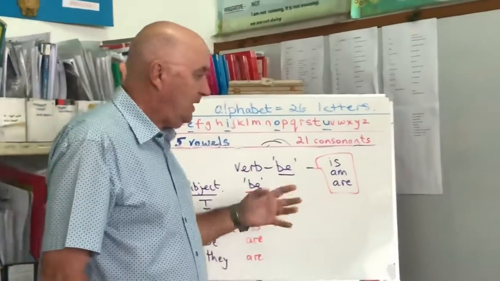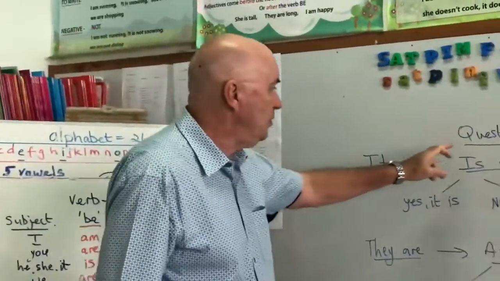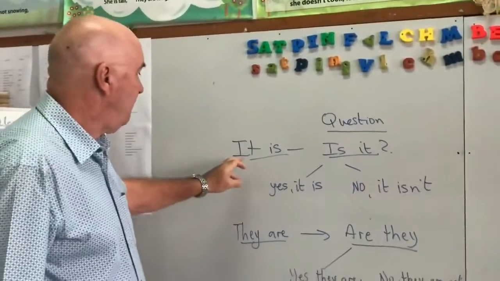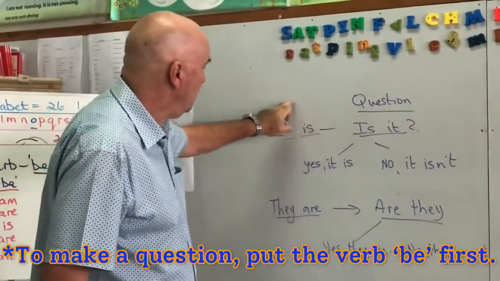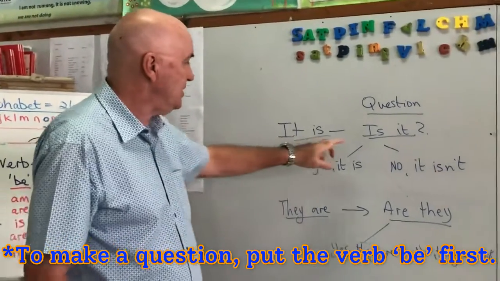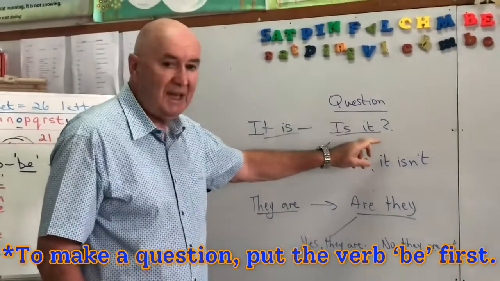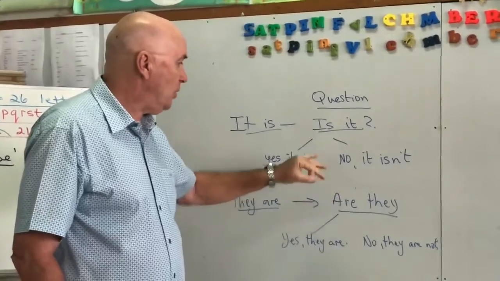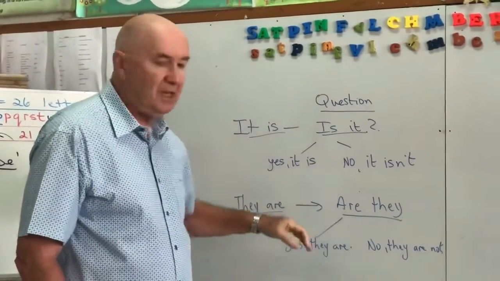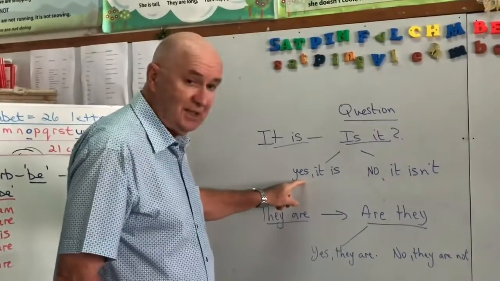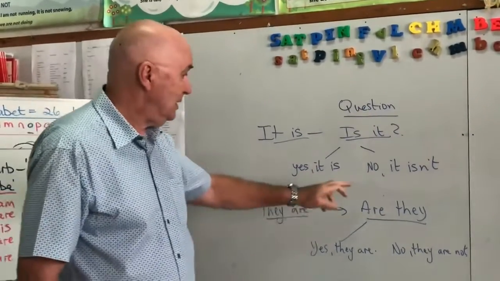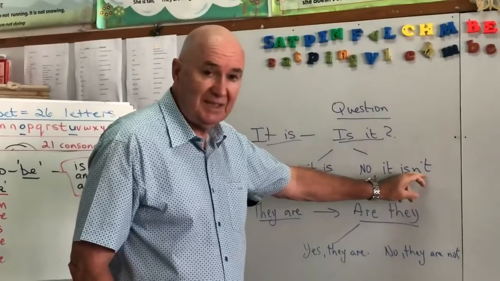Okay? And let's just see how we do a question. If we're saying it is, to make a question, we put the verb be first, so the question becomes, is it? And if the question is it, the answer will always be yes or no. Yes, it is, or no, it is not.